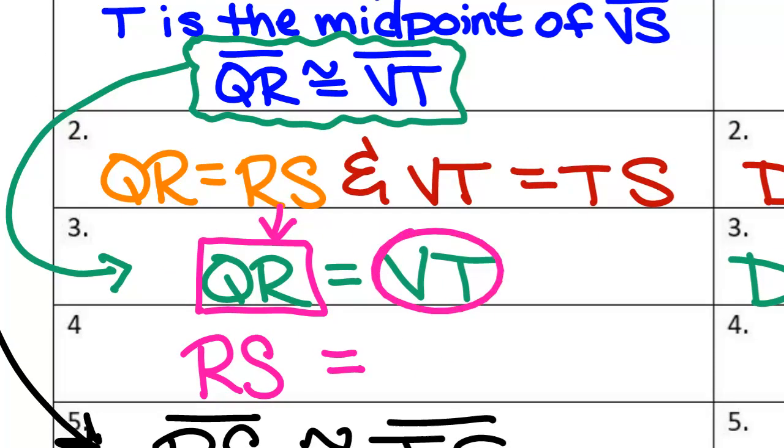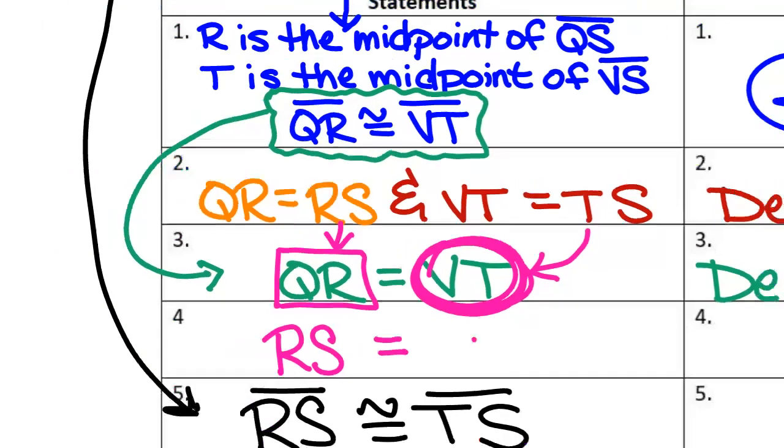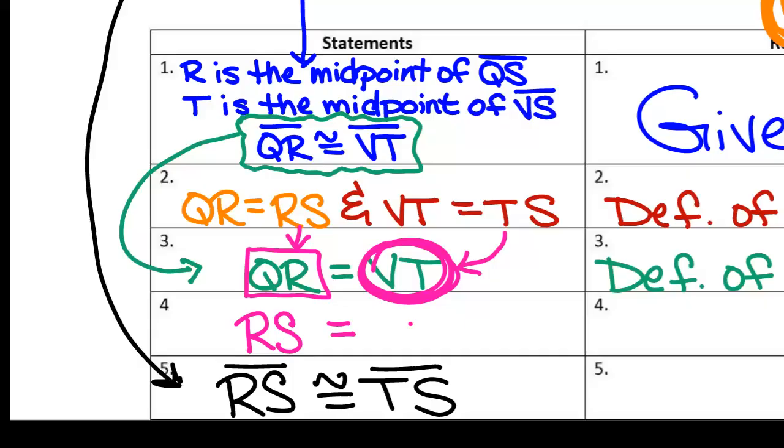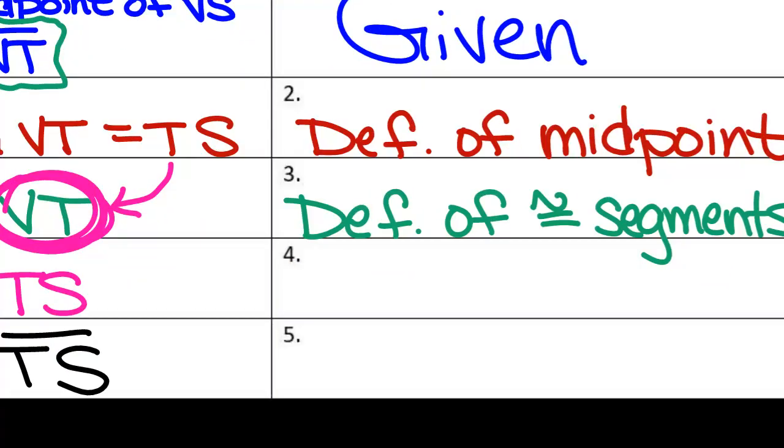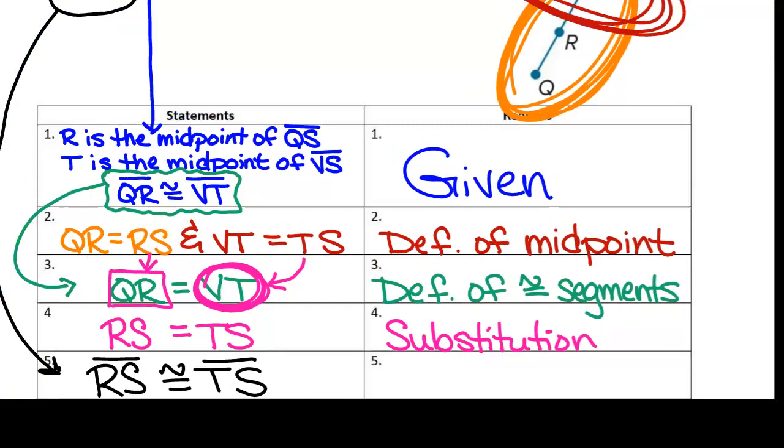Do I know anything that's the same size as VT? TS. So I can replace VT with TS. Why am I allowed to make replacements like this? Substitution. That is my substitution property.